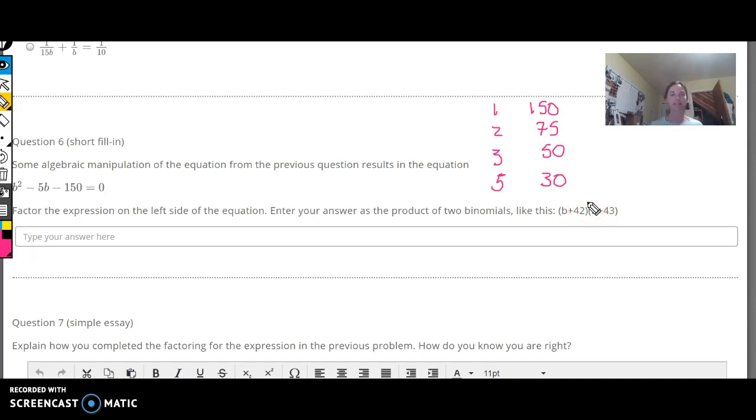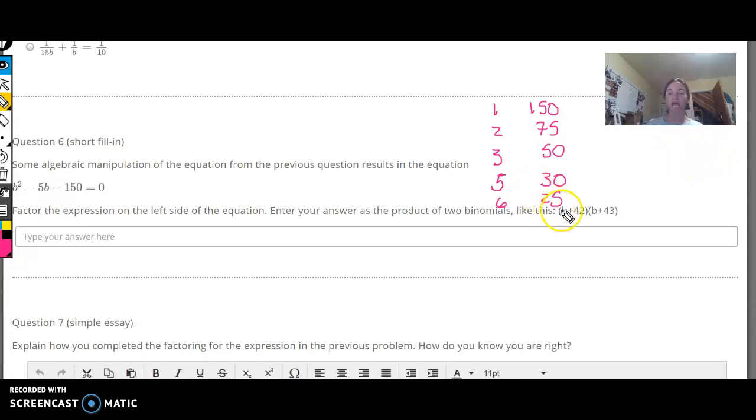If 6 goes into 30 five times, so it's going to be 25 and 6, of course. 7, 8, 9, 10, and 15. That's about as good as we're going to get, okay?